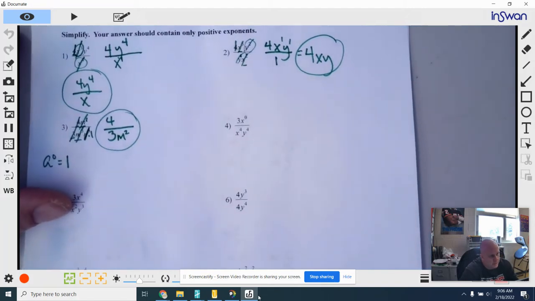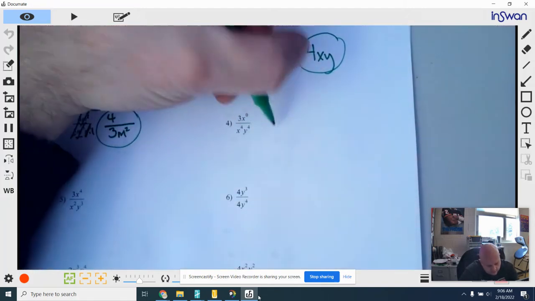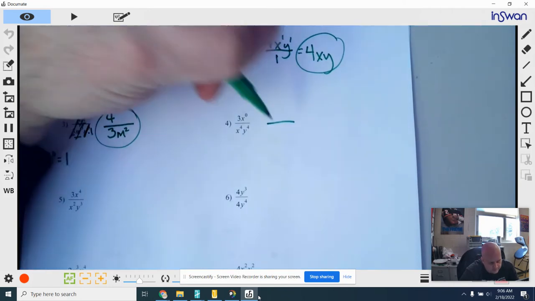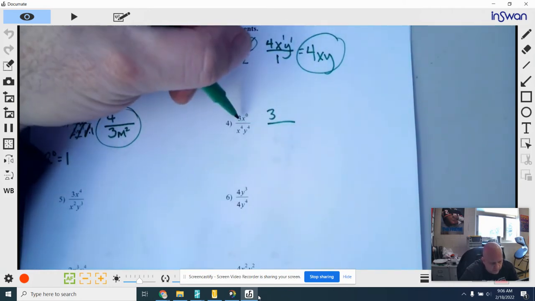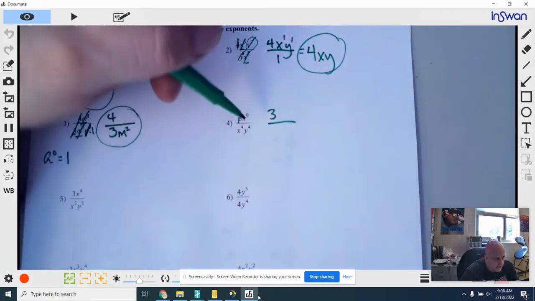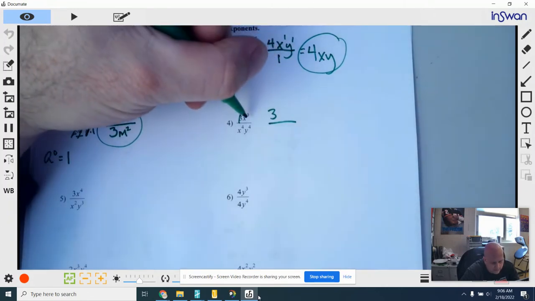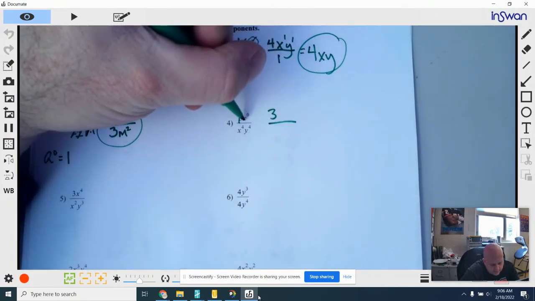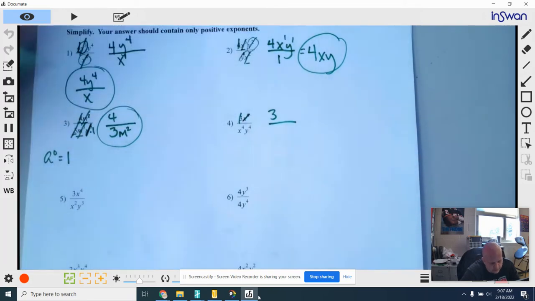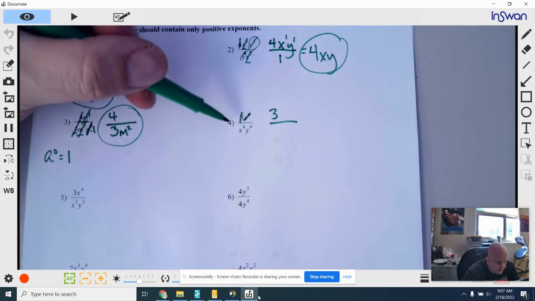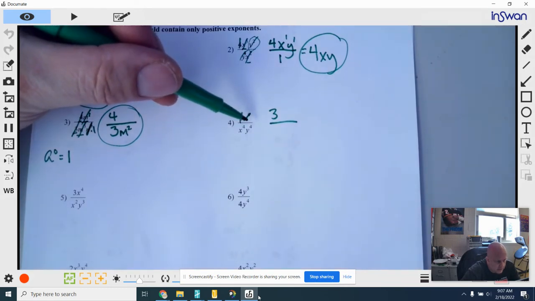Moving over to number 4. Let's start with the whole number. You got a 3 up top. There's no other whole numbers. Again, we see an x to the 0 power. And remember, we just talked about anything in the 0 power, you could just cross that little piece off. So x to the 0 power gets crossed off. The 3 didn't get crossed off because of that.